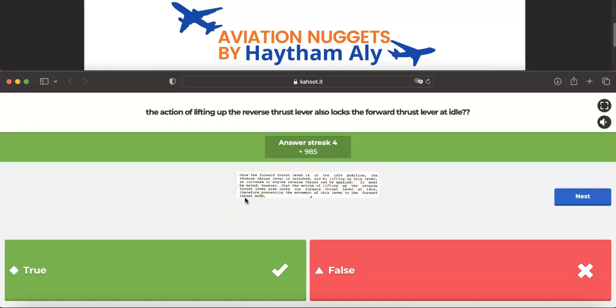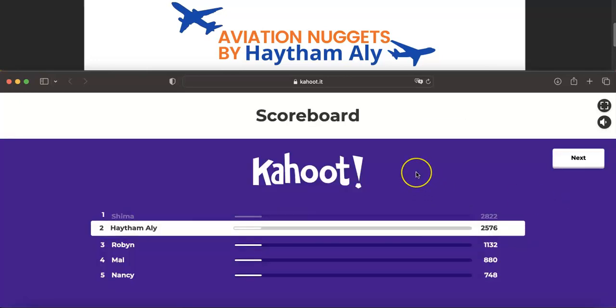Okay, so always there is a rule that you cannot take one engine to the reverse thrust until this engine checks that the other engines are at or near idle position. Okay, everybody, let's proceed to the next question.